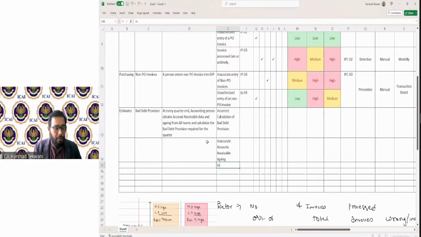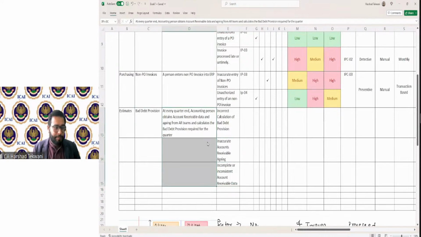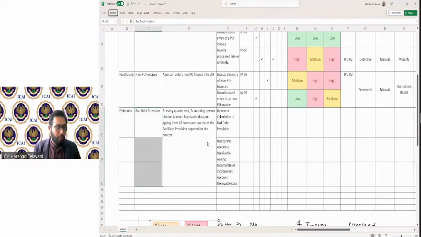Or incomplete or inconsistent accounts receivable data, so the data is incomplete for me to perform the bad debt provision calculation. So this is the kind of risk I can understand. Here, with respect to estimates, one estimate is bad debt provision. Okay, fine.